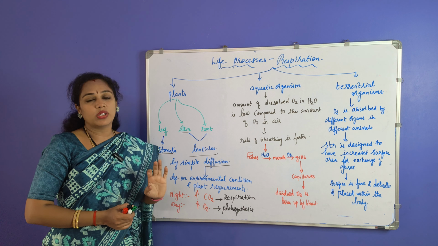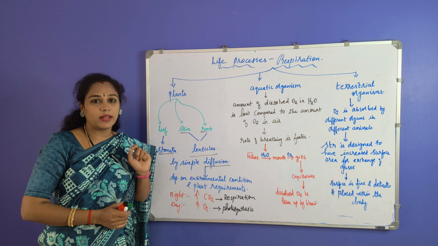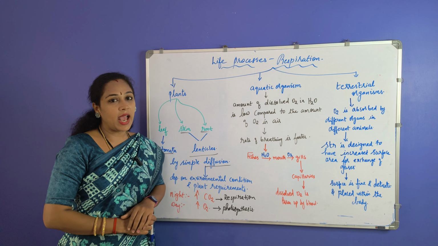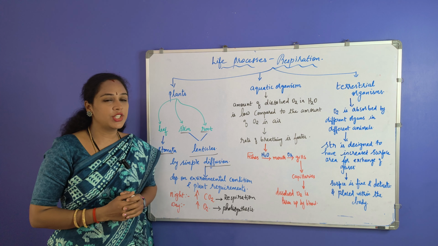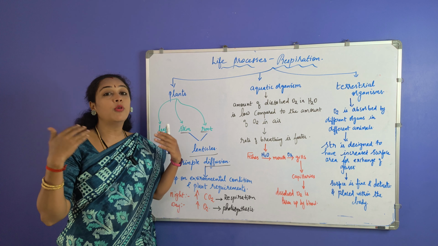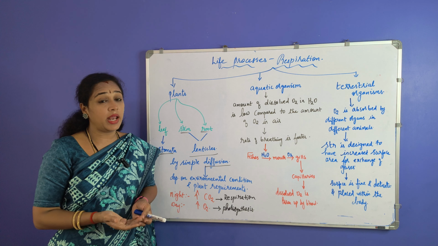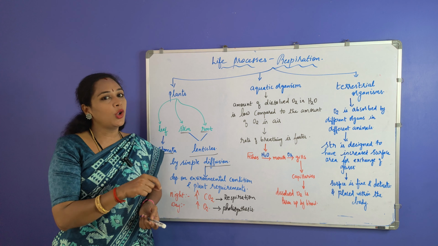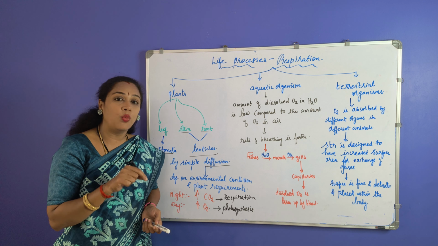And now we will see what the process is in aquatic organisms. Can you guess how aquatic organisms take in oxygen? Any guess? If you see the terrestrial organisms, the amount of oxygen present in the air is higher compared to the amount of dissolved oxygen present in the water.